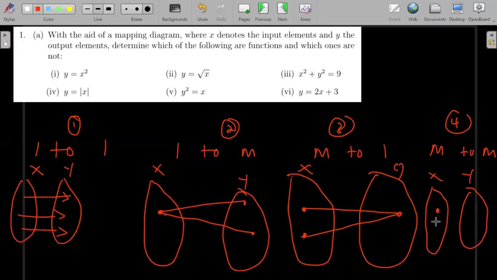Okay, so we have maybe two mapping to one, and then one here mapping to two like that. So we can see that this is a mixture of a one-to-many when we consider this one here, and then when we consider this one, it will be a many-to-one. So when we combine them, they give us what? Many-to-many.